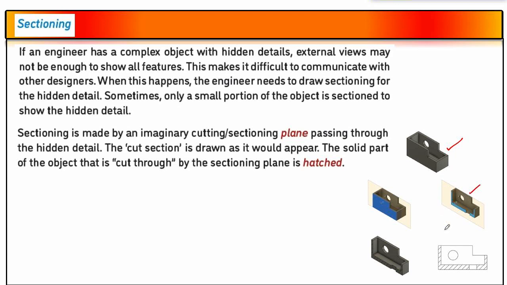Once it has been sliced into its horizontal cut, you'll be able to see a detailed description of the object. If you then go ahead and draw your object, it will look like this on the bottom right. So sometimes what you need to focus on is only a small portion of the object to show its hidden detail.